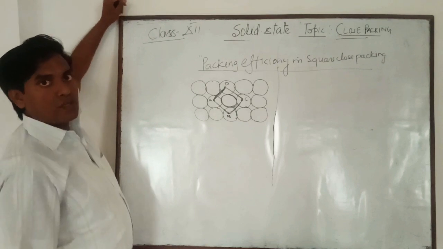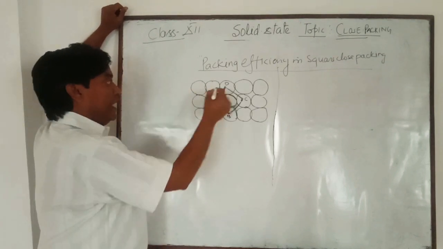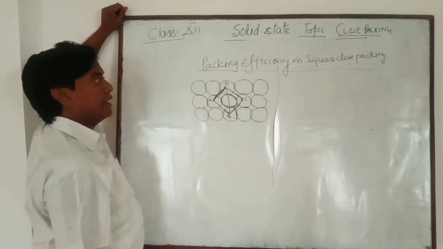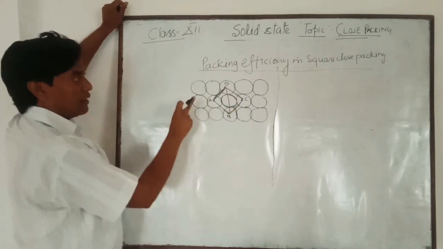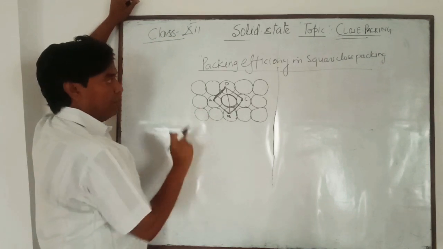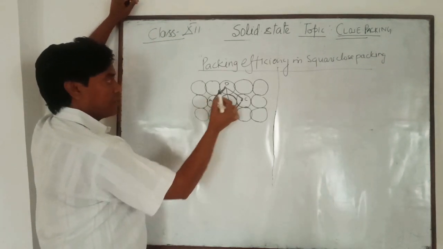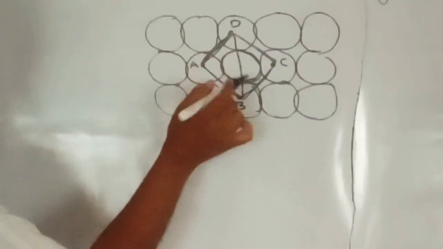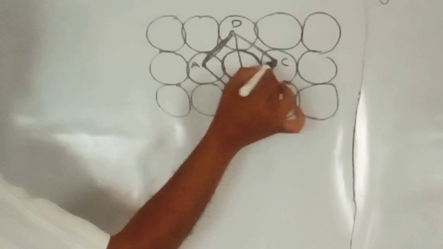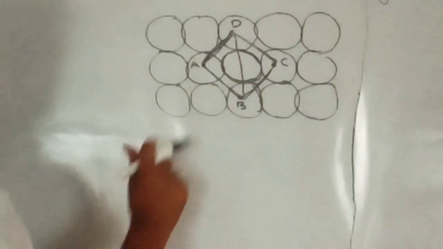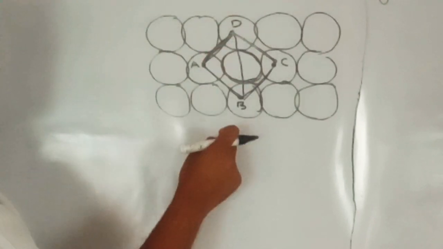But this is a square, and AB is a diagonal. Students, see clearly. ABCD is a square. In this case, BD is a diagonal.